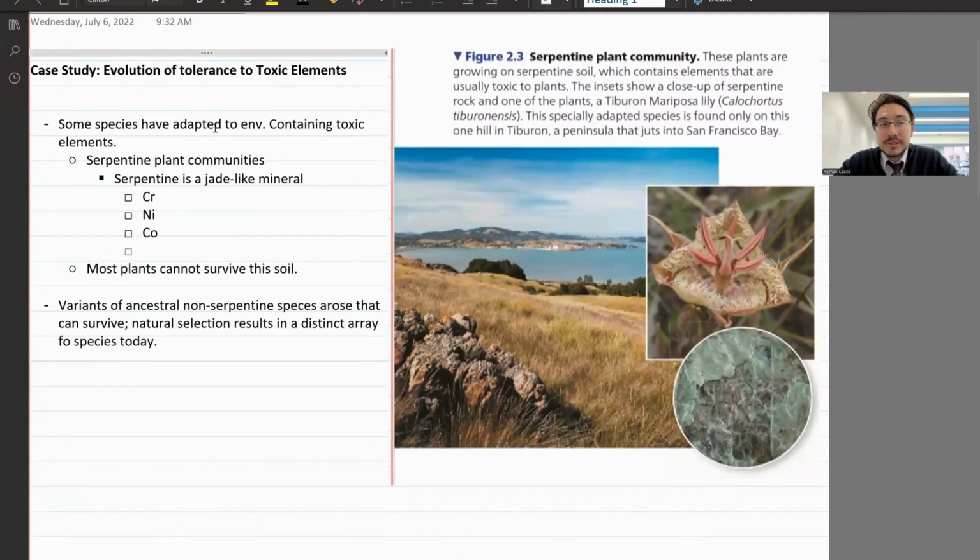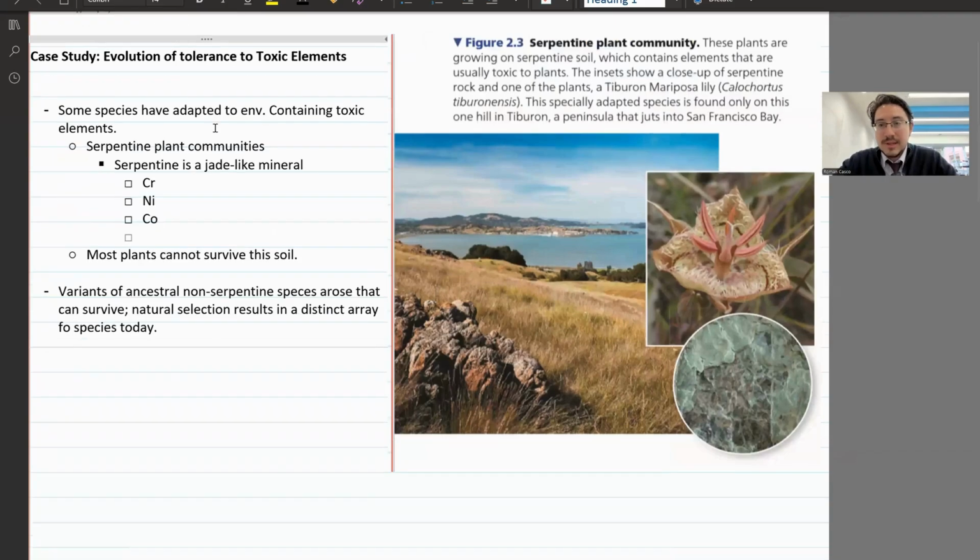which is quite interesting. Some organisms tend to adapt to these toxic elements, right? Serpentine plant communities. You have this area in a peninsula around San Francisco Bay where you have this mineral, serpentine, that contains chromium, nickel, and cobalt that is quite toxic to living organisms.